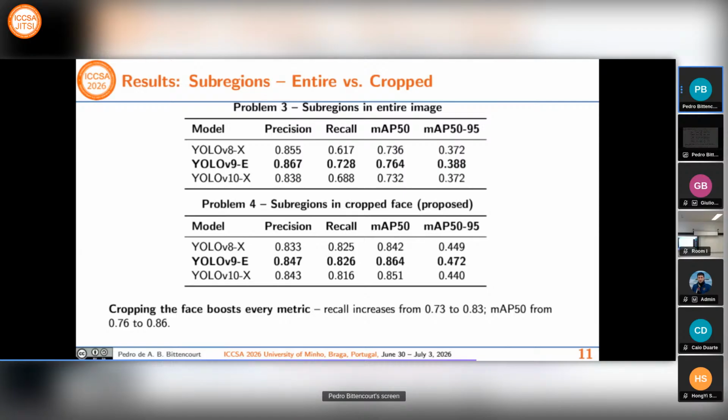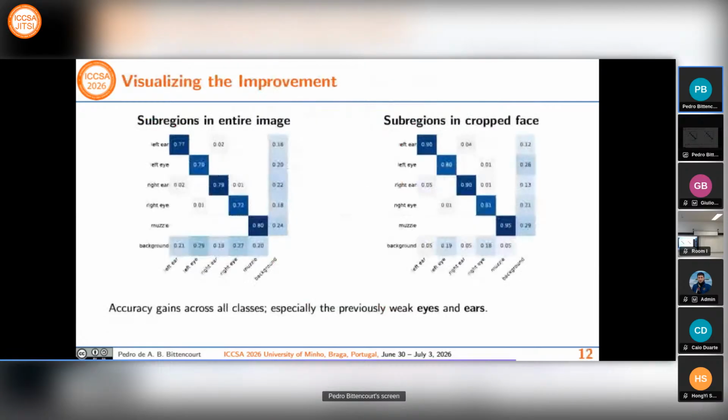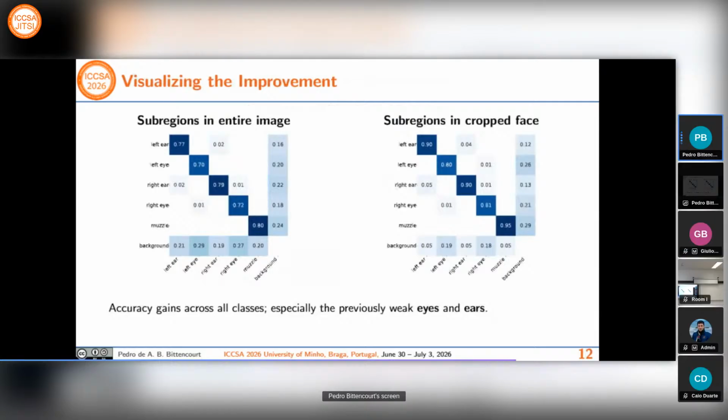And this clearly demonstrates that cropping the face before detecting subregions is an effective strategy. These confusion matrices make the improvement very visual. On the left, subregion detection in the entire image. On the right, in cropped face images.